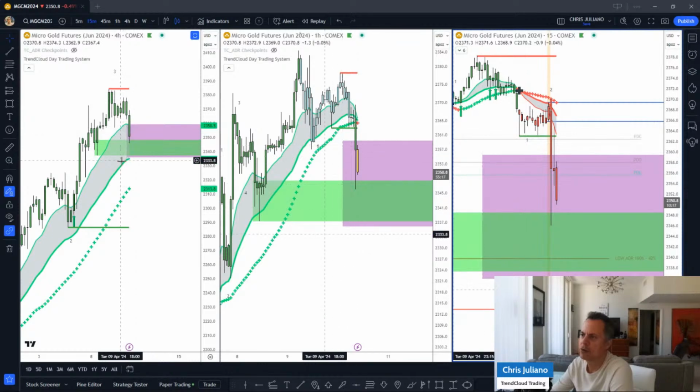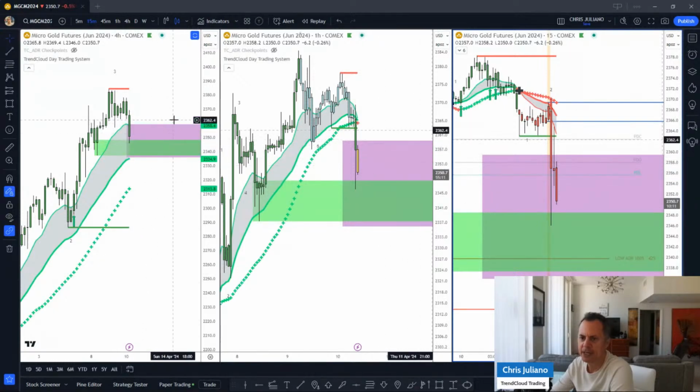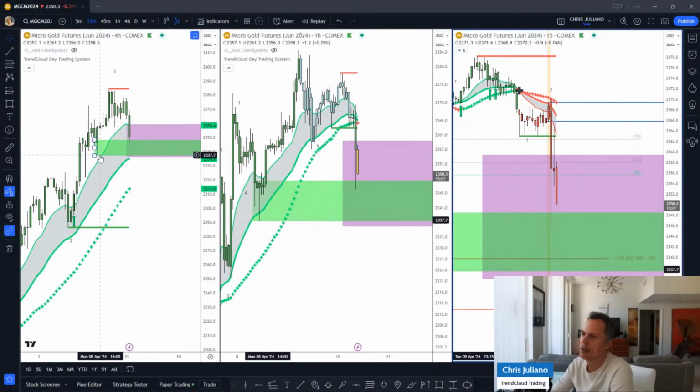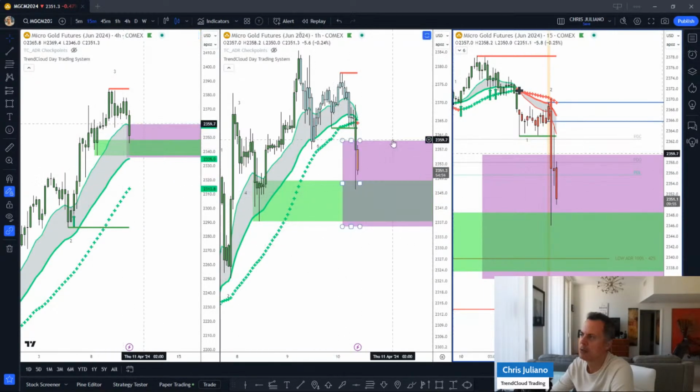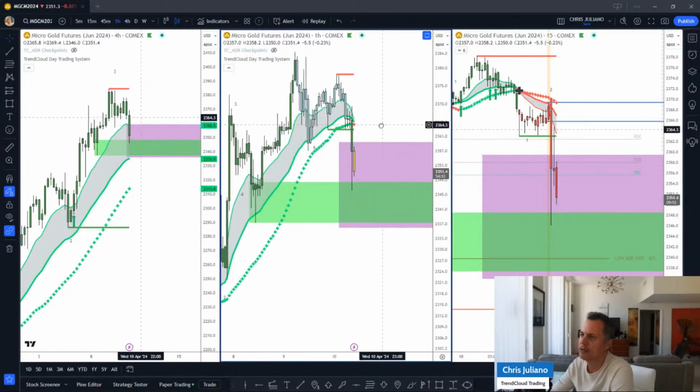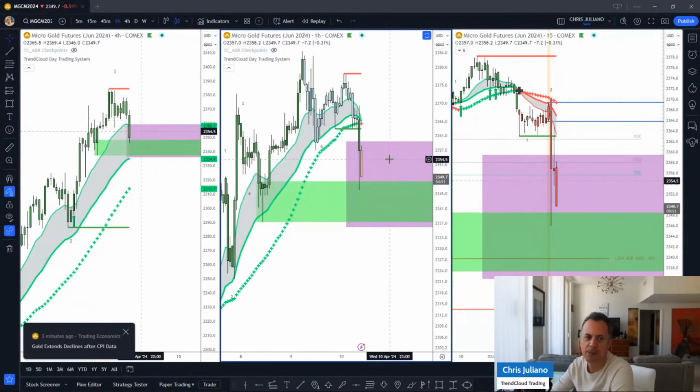Draw out the high time frame trend cloud in a purple box, and then find the market edge and draw a little green box in there. So here's the high time frame trend cloud, and it will show up on your other charts.